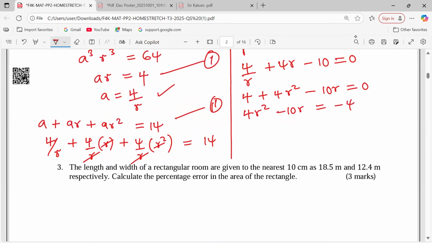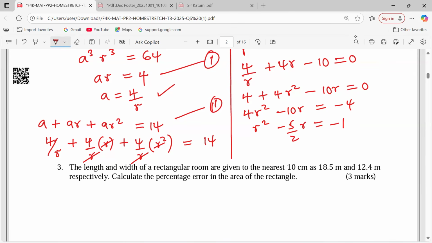And when it's like that, we can use the completing the square method, whereby the first step will be making the coefficient of r squared to be 1. We are dividing by 4 throughout for the coefficient of r squared to be 1. So 10 over 4 becomes negative 5 over 2 r equals negative 1.